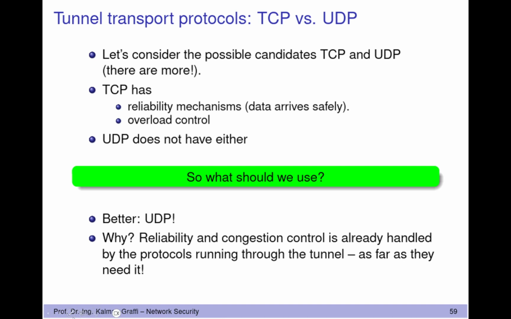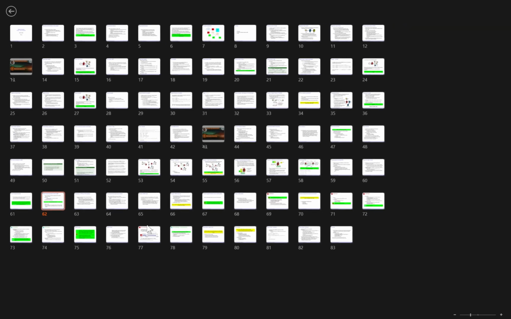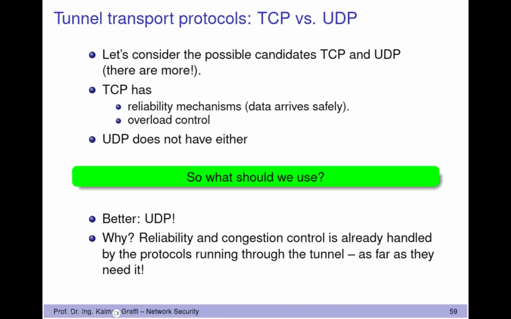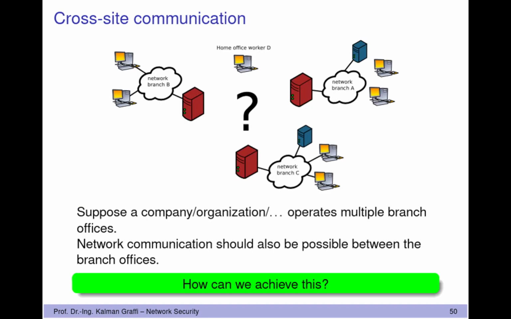tunneling approach, how you can connect a network across various sites. The main aim was to allow connecting various sites as if they would be in the same domain, in the same place, so that all of the broadcasts that are emerging at the MAC layer, for example, are reaching also the other sites through the potentially unsecure, malicious internet.